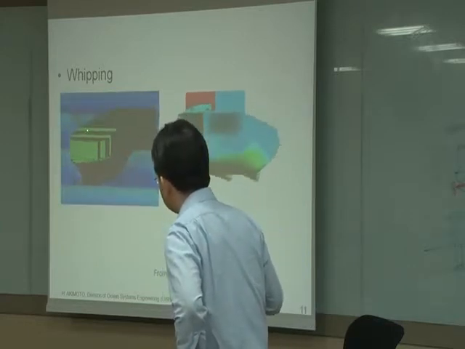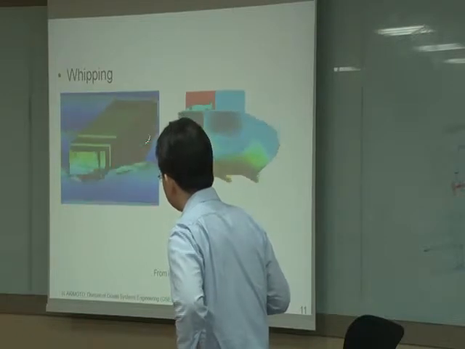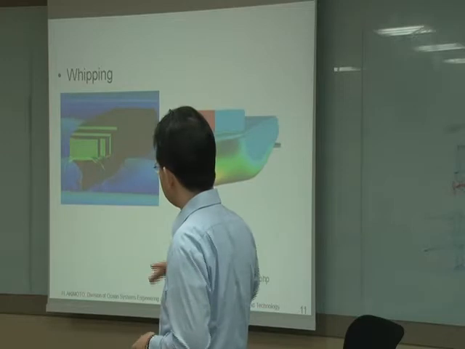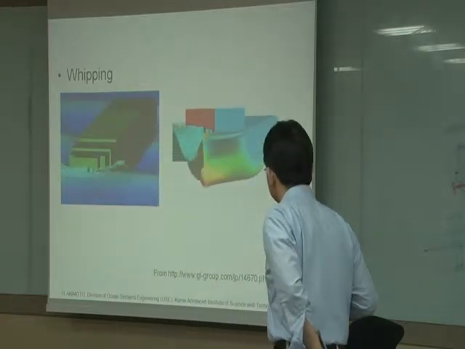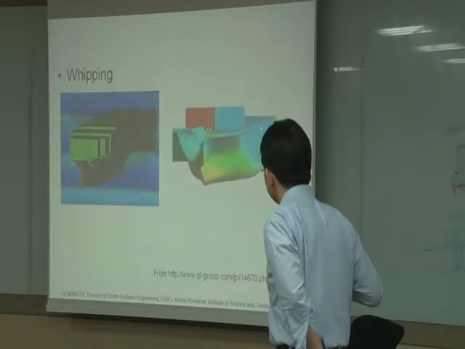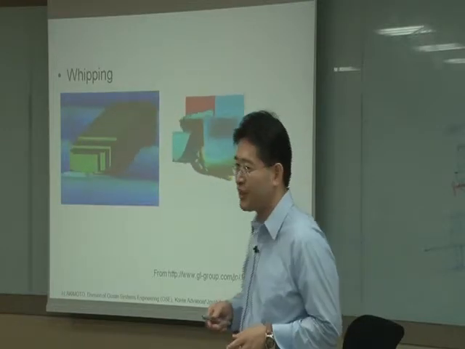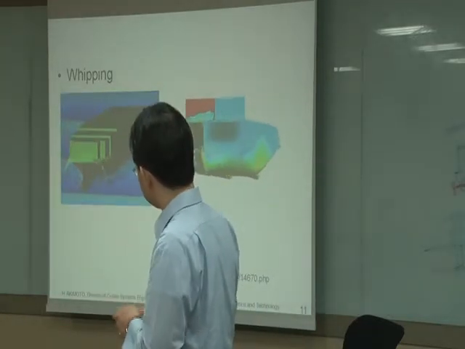Although the motion is very small, the ship shows oscillation in structure. I guess it is not significant, but if you see the animation closely, you can see the deformation of the ship.